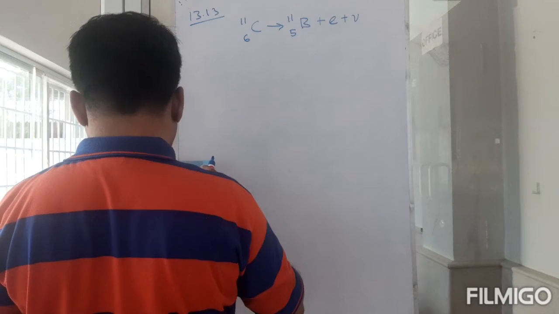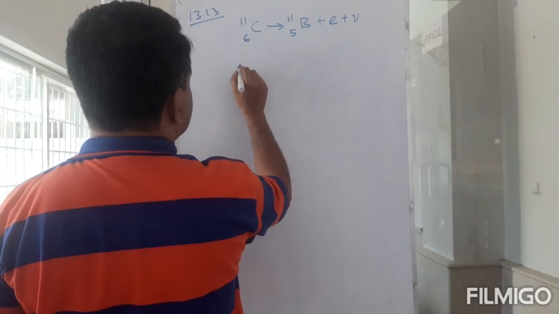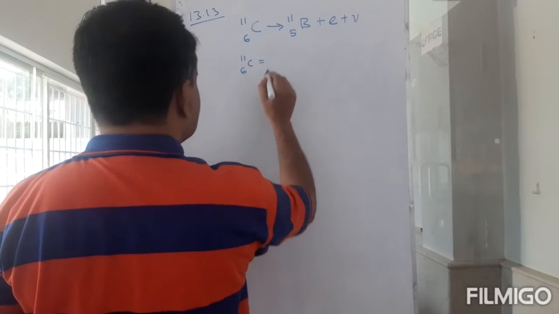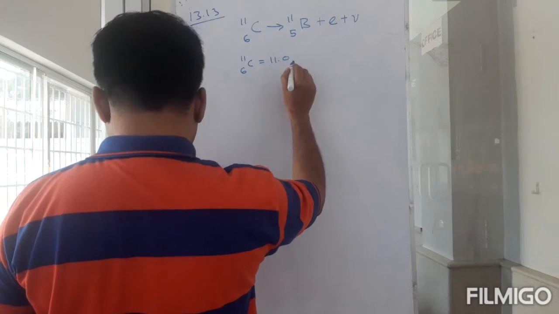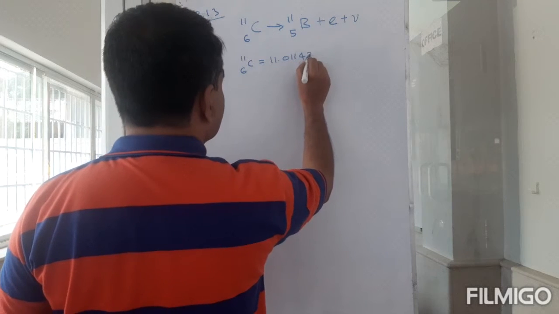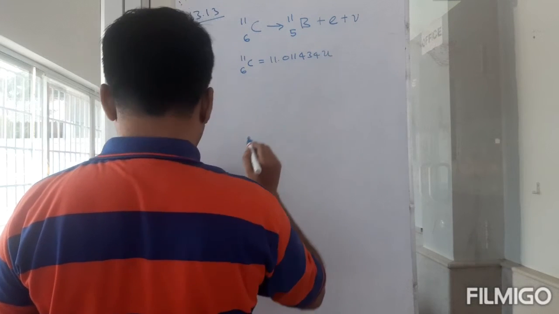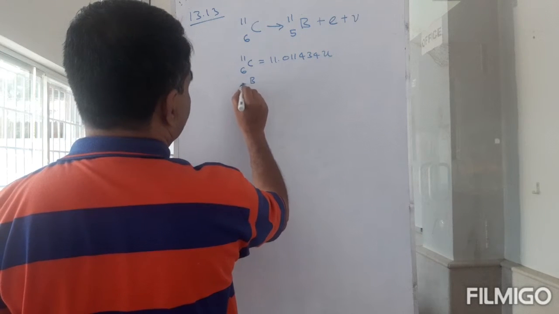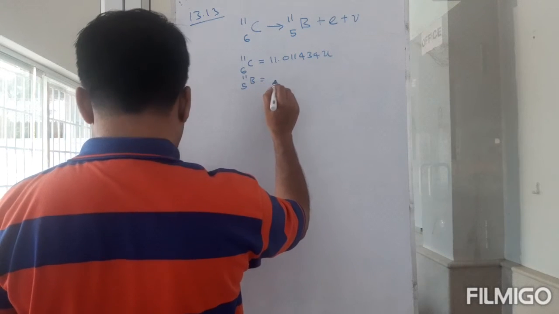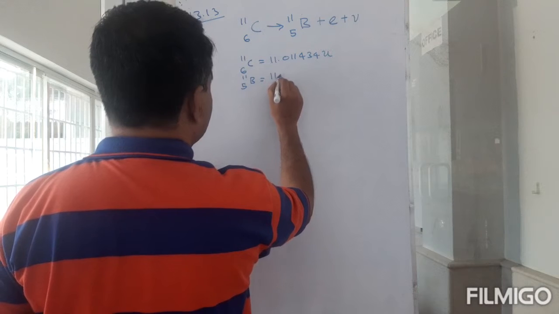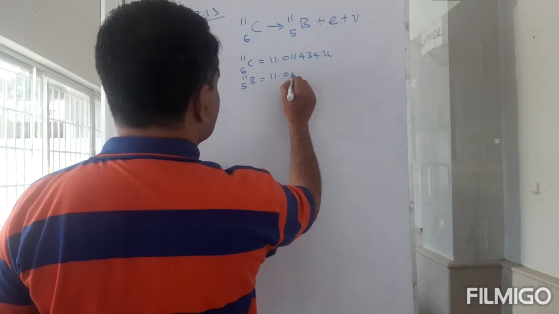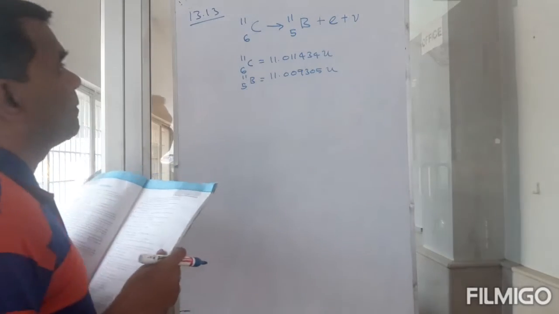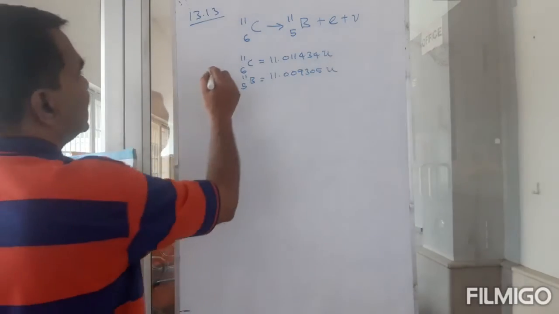The mass of carbon atom, 6, 11, is given to be 11.011434 atomic mass units, and boron 5, 11 is given to be 11.009305 atomic mass units. Okay, so this is the mass.